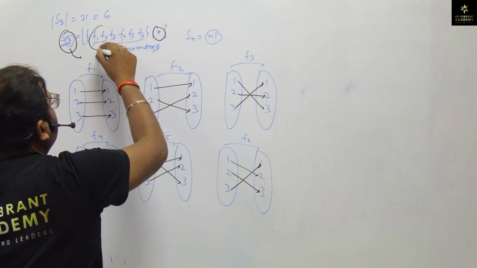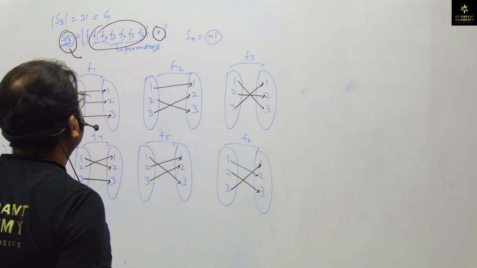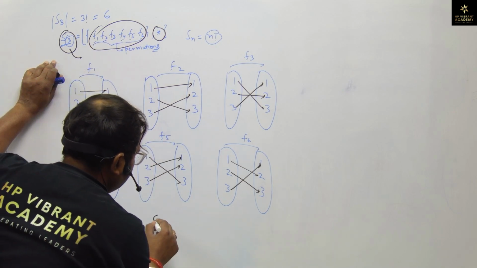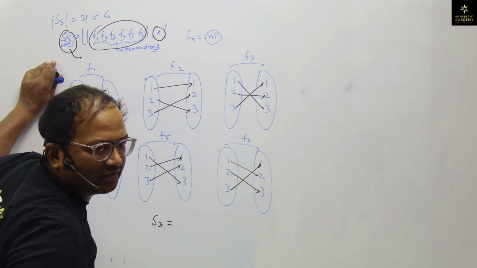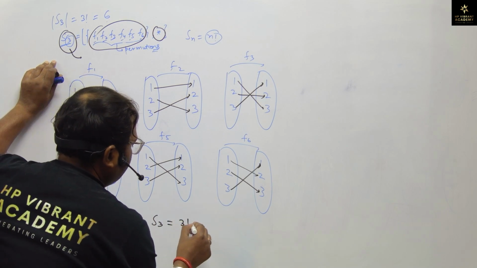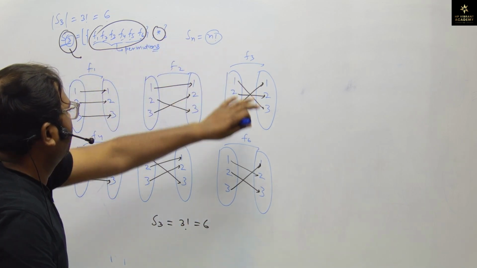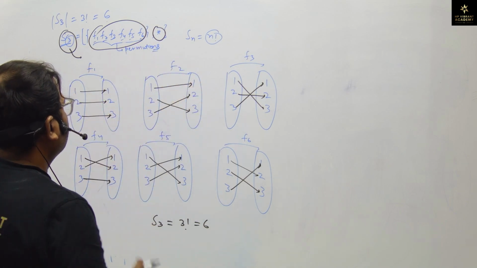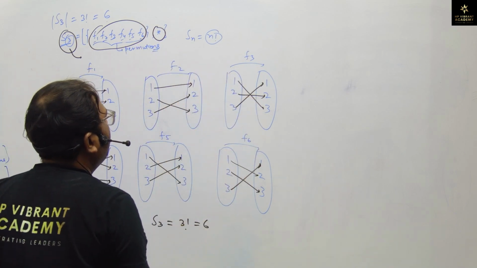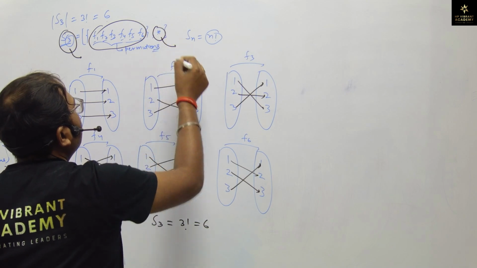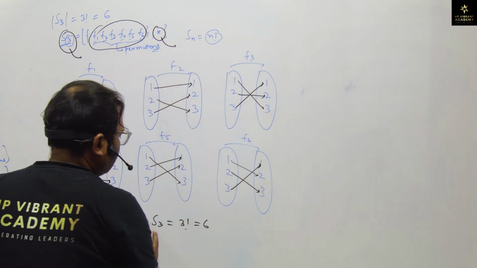These elements are nothing but the bijections. Since it is S3, it will have 3 factorial, that is 6, bijections. So these 6 bijections will form a group under composition of functions, as simple as that.